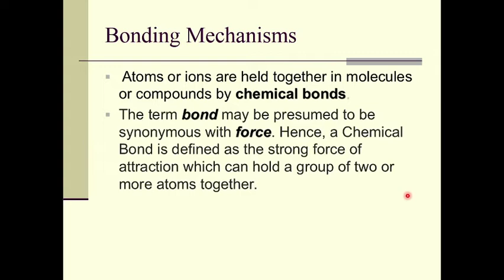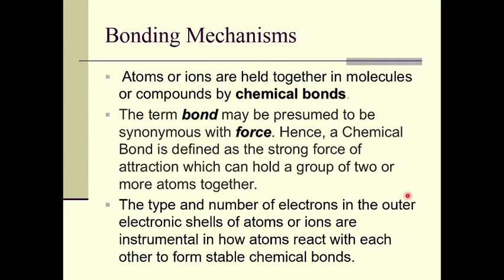So just like force, we can say the bond is there. Hence a chemical bond is defined as a strong force of attraction which can hold a group of two or more atoms together, right?